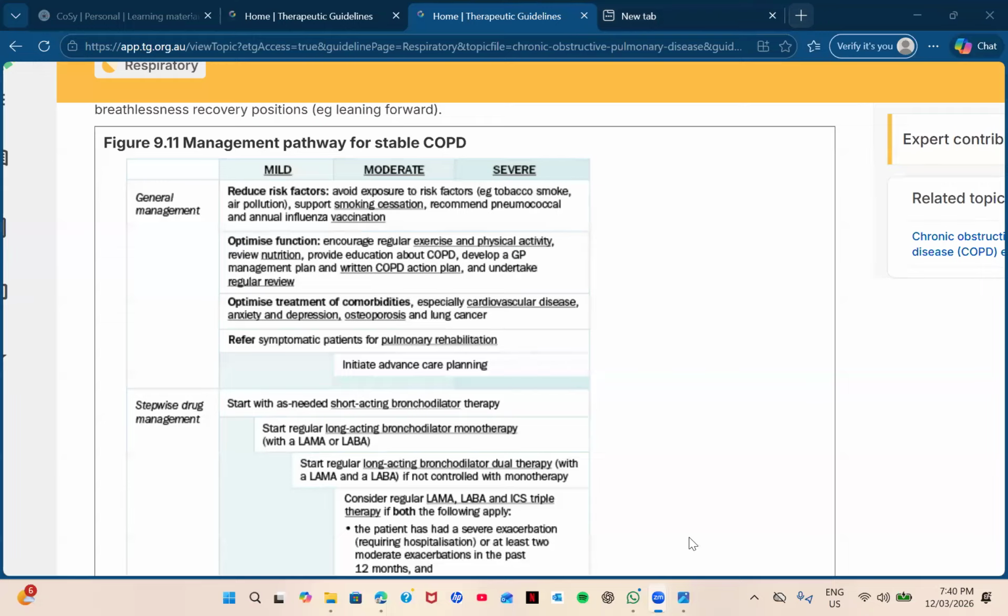Otherwise I can search for the newest guideline. So in GOLD, mild means more than 80, moderate means 50 to 79, severe 30 to 49, and very severe less than 30. Just keep those things in your mind as well.